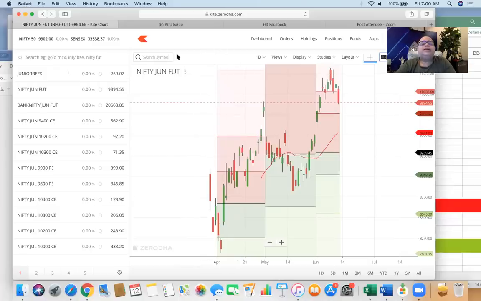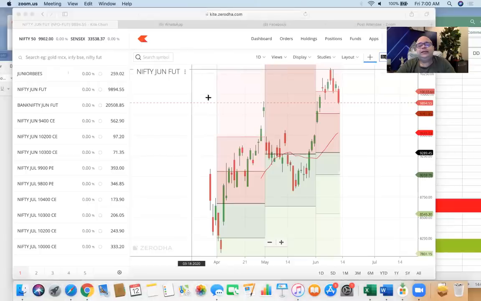What I am interested in looking for is, you had a downside, so my buy stop was here. Then my buy stop was here. After that, my buy stop was here.